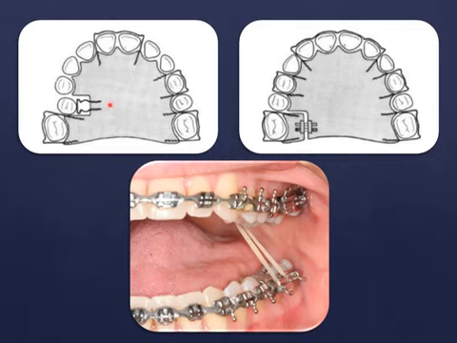This is a removable appliance with T-spring to correct posterior crossbite of a single tooth, and this is a removable appliance with screw to correct posterior crossbite of a molar. This is a cross elastic, usually used with fixed appliance in order to move the opposing teeth in opposite directions.